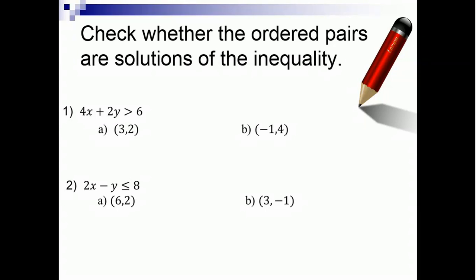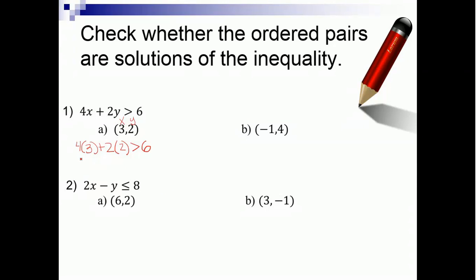So let's see if these particular points here are solutions that would be colored over on the graph. I'm going to plug in that for x and that's for y. I've got 4 times my x, which is 3, plus 2 times my y, which is 2, greater than 6.